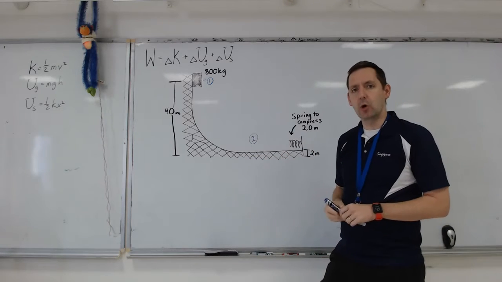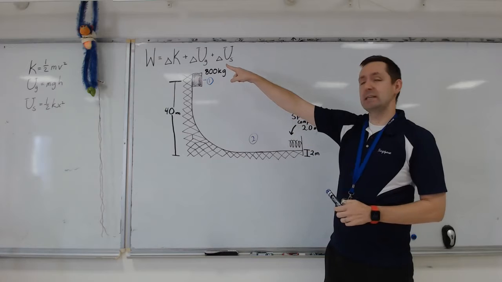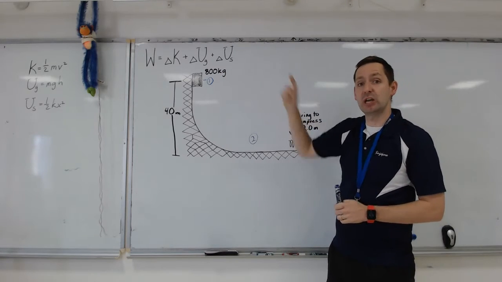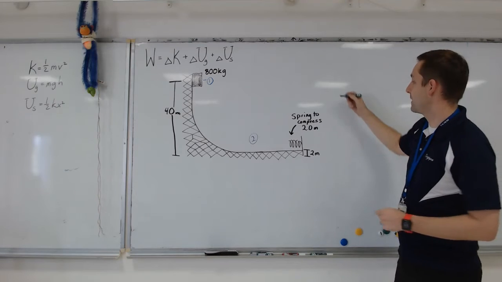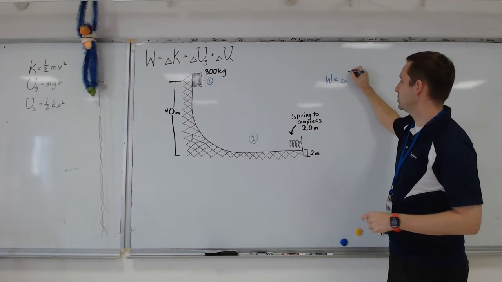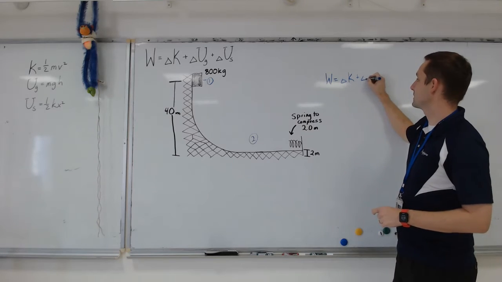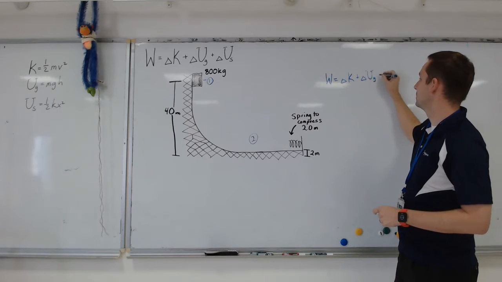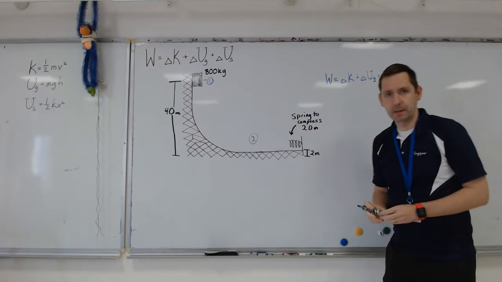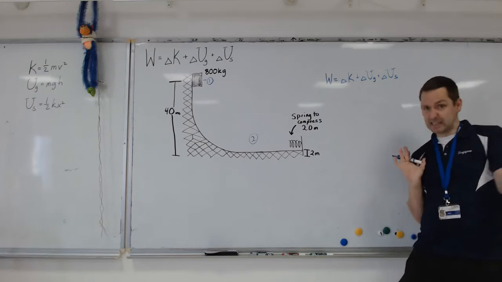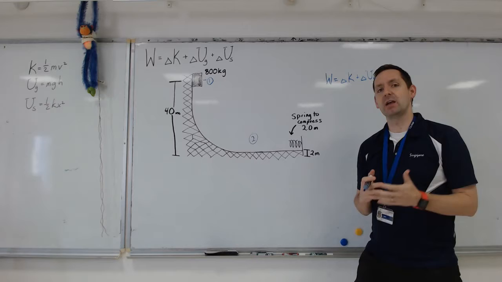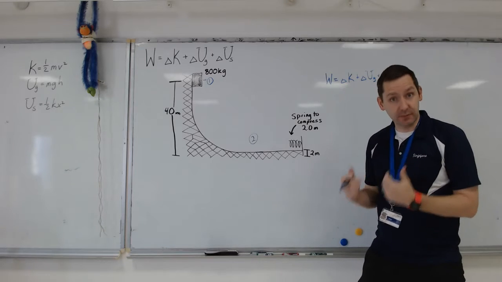All right, so what we're going to do is use this equation: the work equals change in kinetic, change in gravitational potential energy, change in elastic potential energy. We're going to write that out. So work equals the change in kinetic plus the change in gravitational potential plus the change in elastic potential. Now, before we just start willy-nilly throwing some numbers in, what we want to do is identify when it has certain types of energy.